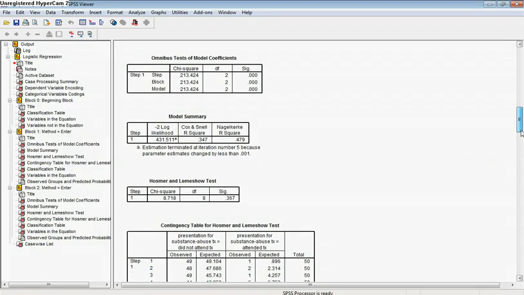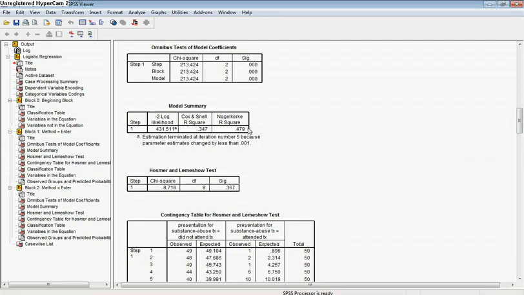We really want to be careful in interpreting the pseudo R-squared. They are not to be interpreted like typical R-square values that you get in an OLS regression, because this model obviously doesn't fit the assumptions of a general linear model.